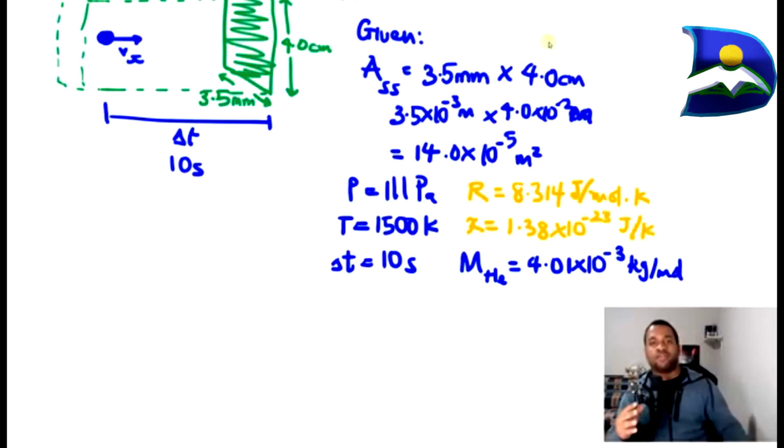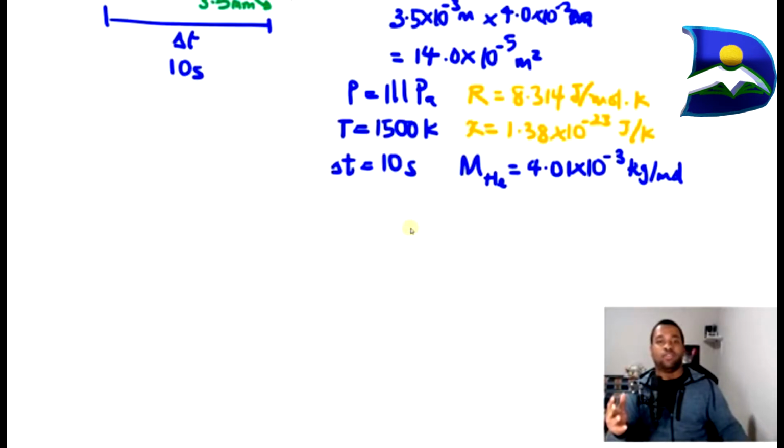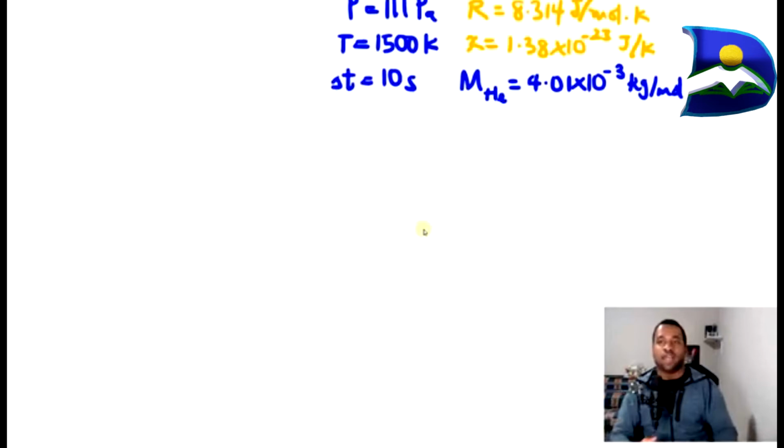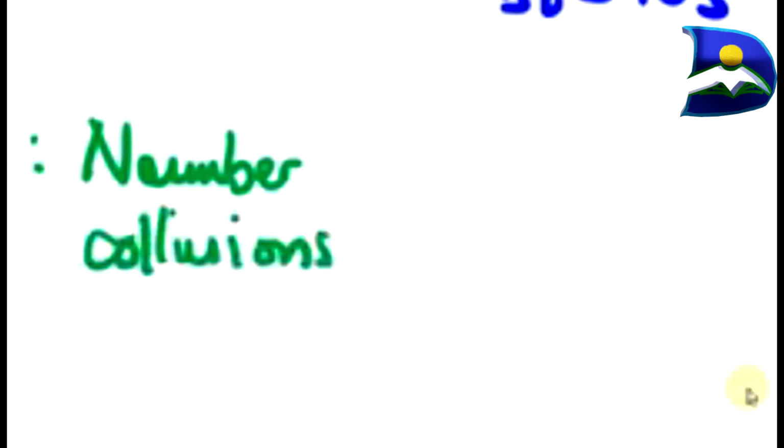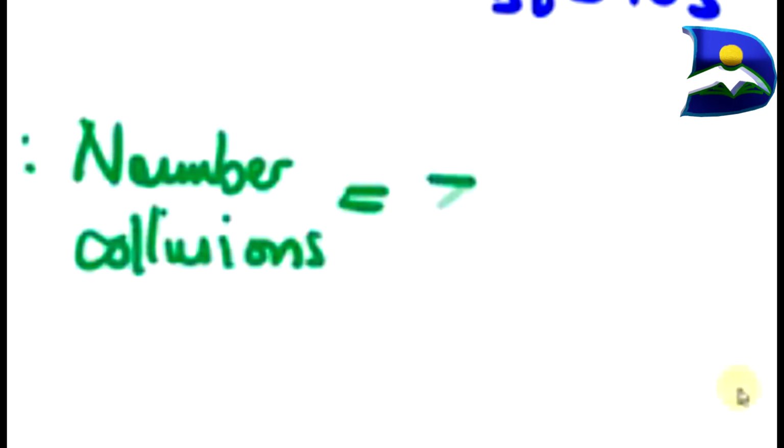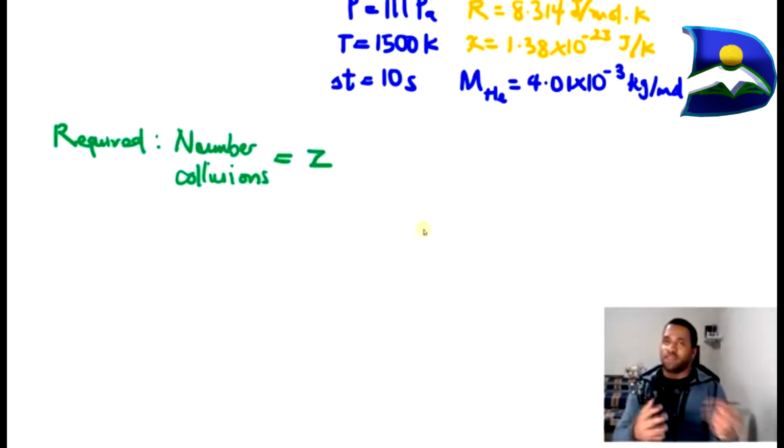Once you have all these variables assigned, we go into what is required. The requirement in this question is to determine the number of collisions exhibited in this state. To determine that, we need to determine what Z is. Now, there are two types of Z.